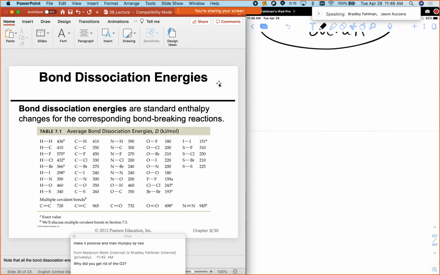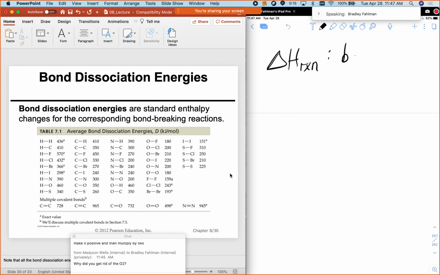The last calculation is based on bond dissociation energies. Again, you'd have to be given what these different values are, usually in an abbreviated table, not this whole thing. The way you figure out the enthalpy of the reaction in this case is you look at all of the bonds being broken, which require energy, so these are endothermic.